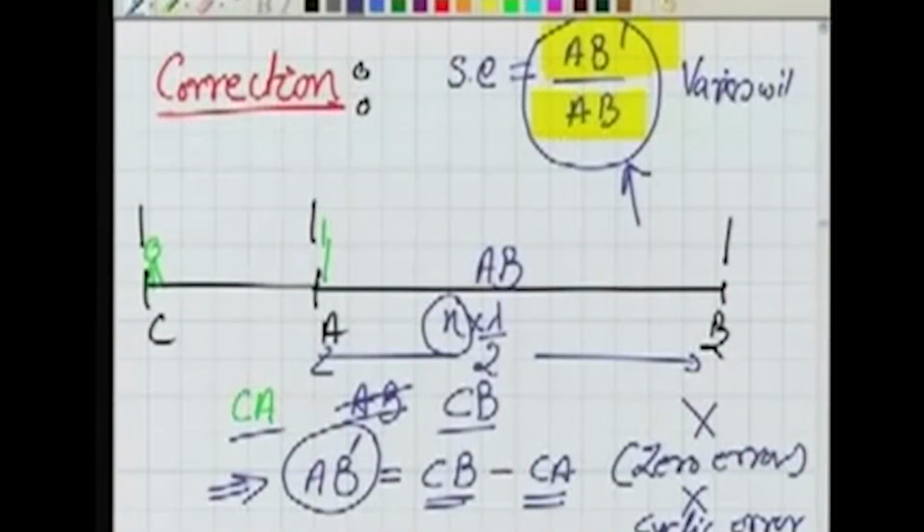So in each lambda we are introducing some error, as you can see here also. So this error varies with distance. Larger the distance, more this error will be, as we can see here.